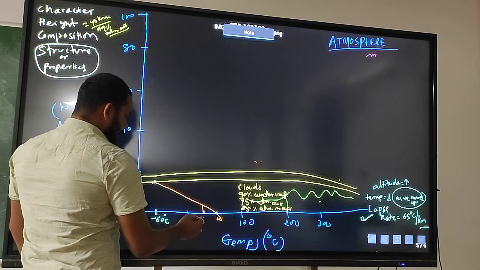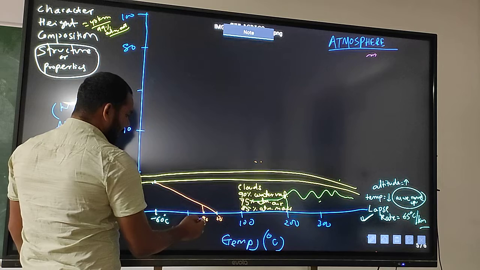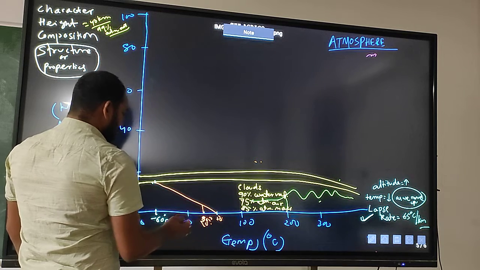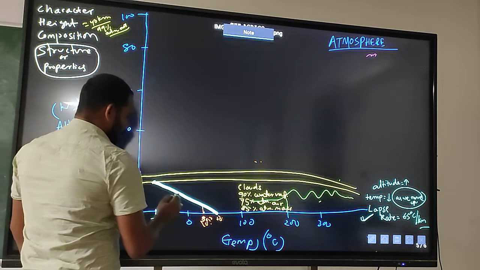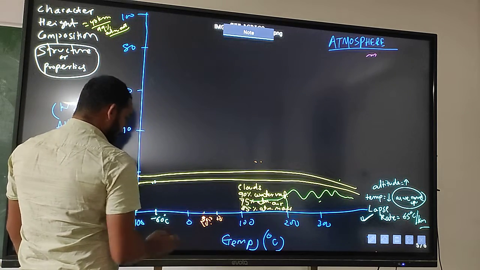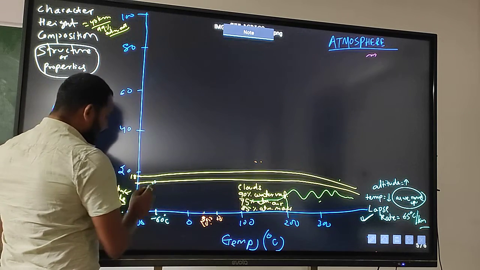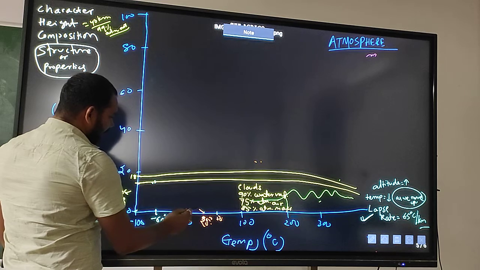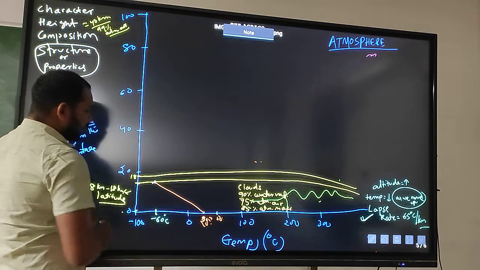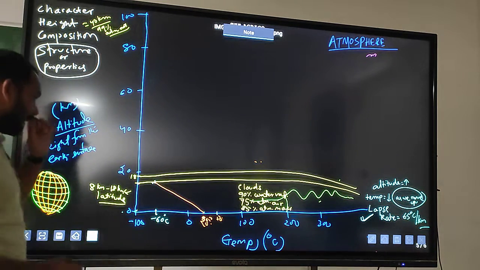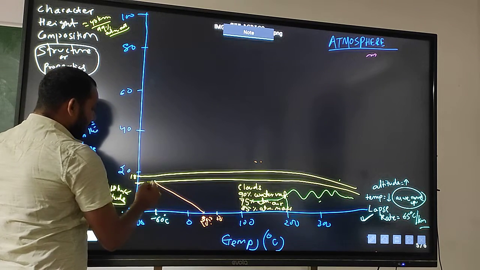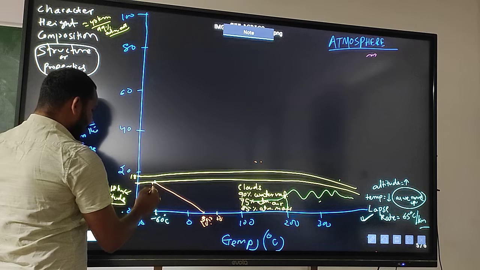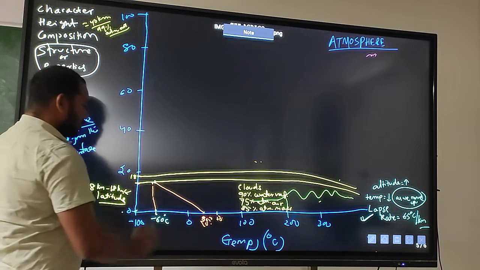This is 30 degrees centigrade, 25 degrees centigrade. So if I say the normal temperature is 20, whereas this is 30 degrees centigrade. Now the temperature will decrease from 30 to 40 degrees centigrade towards minus 60 degrees centigrade as we move upward.